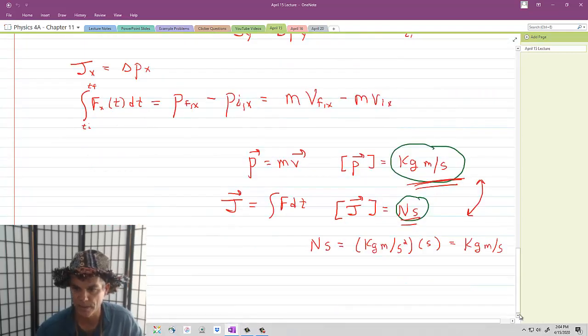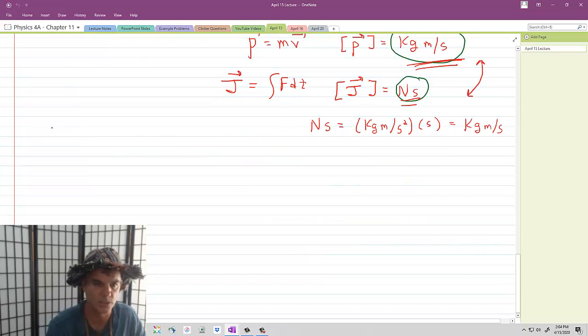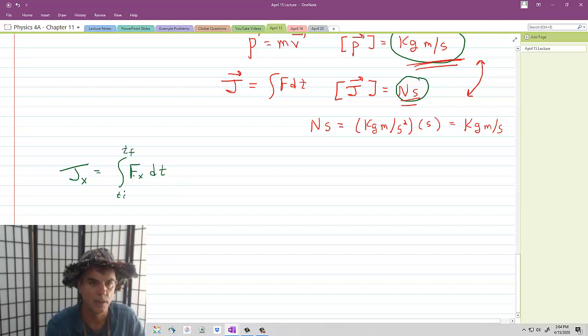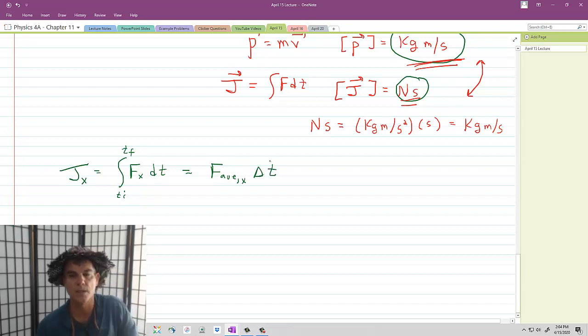Impulse is defined, and again, let's just do it in the x direction, as the integral of Fx dt from some initial time to some final time. But that is also equal to the average force in the x direction times the time over which that force is acting. Now, how do we define the average force?